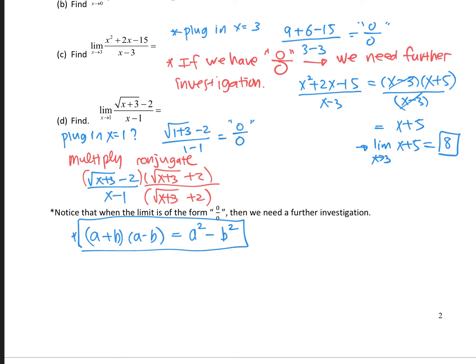So coming back here, this is my a, this is my b. So a minus b times a plus b would be just a squared minus b squared. That means in our example, it'll be the first radical squared minus 2 squared. And the bottom is just the same. Nothing cancels out on the bottom.